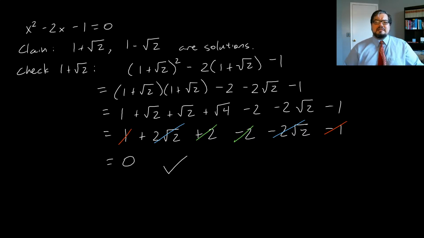And a similar check for 1 minus square root of 2 will also show that when you plug it into the left-hand side of our original equation, we do in fact get 0 out of it. So this at least gives an example for convincing yourself that the quadratic formula is in fact giving you what you need.